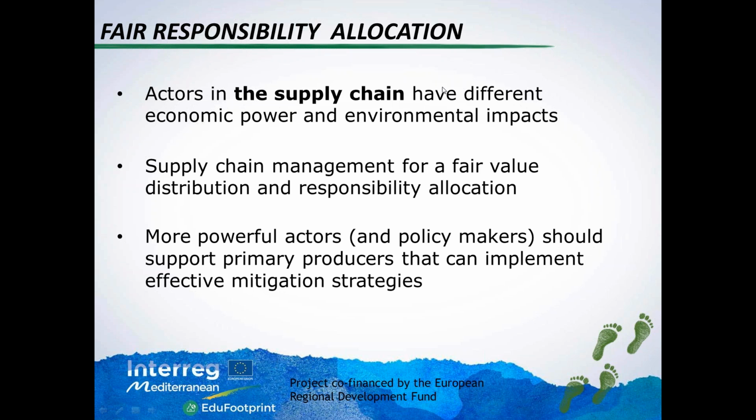Actors in the supply chain have different economic power and environmental impacts, but they are included inside these virtuous and green paths. Supply chain management is needed for a fair value distribution and responsibility allocation. And there are more powerful actors and policymakers that should support primary producers that can implement effective mitigation strategies.